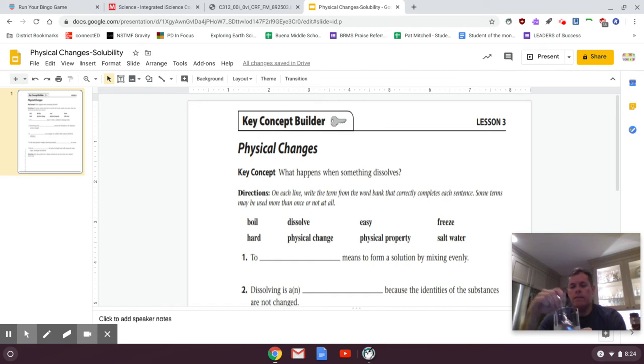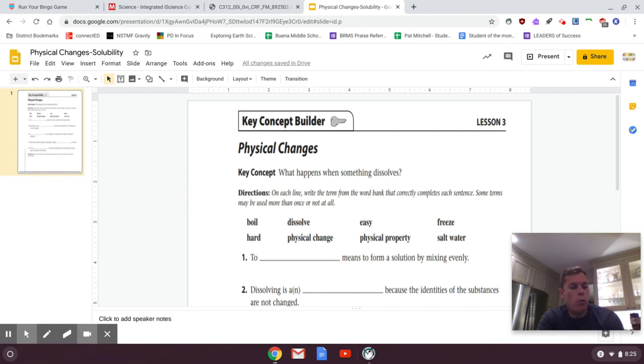Now, a physical change, again, it may look like the salt disappeared, or the sugar if you used it. You really can't see it inside there. It looks a little cloudy right now, but if you were to continue stirring it, it would look pretty clear. But because the salt changed physically, we can still get that back. A lot of physical changes are reversible, meaning you can get back to the original substance. I'm not going to tell you how you can get that salt back, but I want to challenge you to think about it.